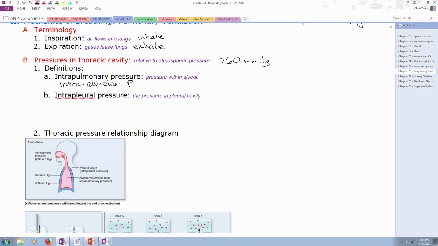And then intrapleural pressure, pressure that's actually inside the pleural cavity, which has that pleural fluid and the sticky sides to one another. And this is almost always 4 millimeters of mercury less than intrapulmonary pressure.